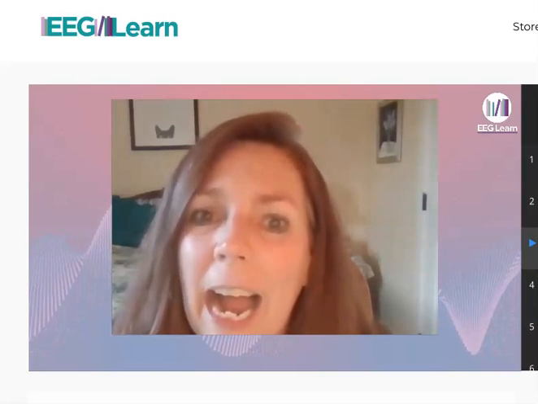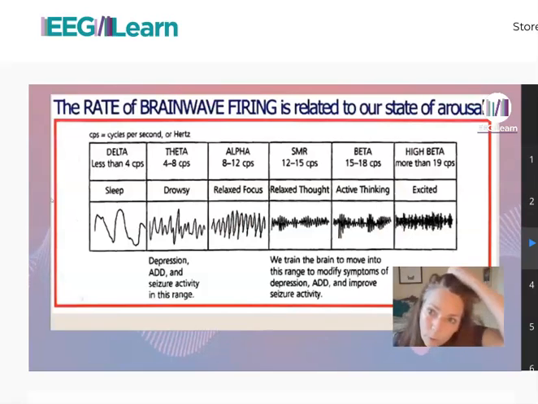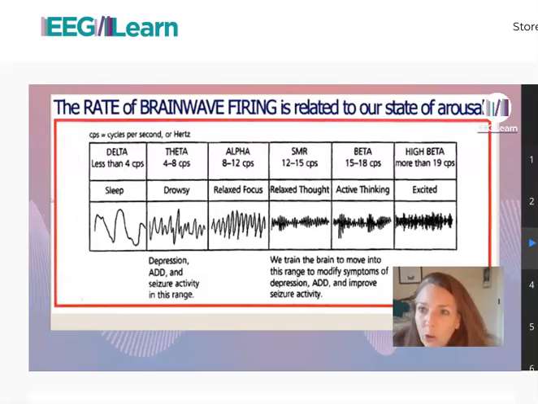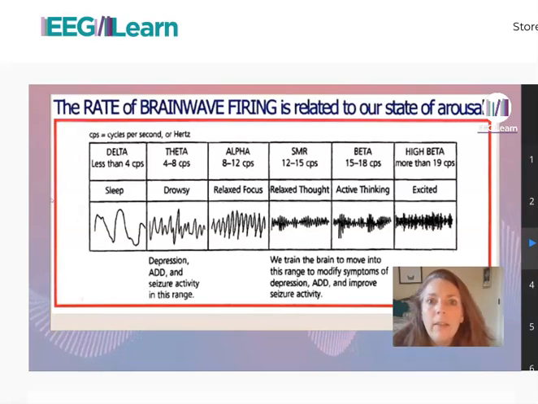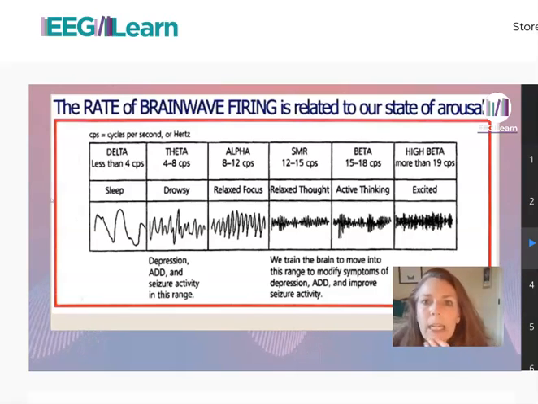Because if they idle at 12 and we reward them at 12 to 15, they might feel under aroused by that reward frequency. They might feel like they had too much wine, right? They might feel better at 13 to 16.